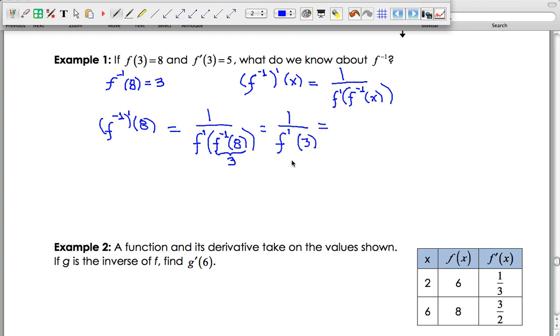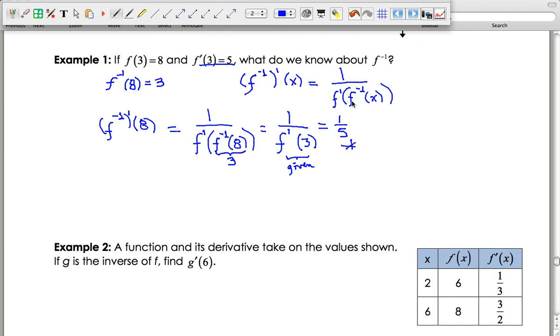And this is a given. Look, here is the given. We know that that is 5. So we can say that the derivative of the inverse function at 8 is 1/5. And that's as much as we can say of this function.